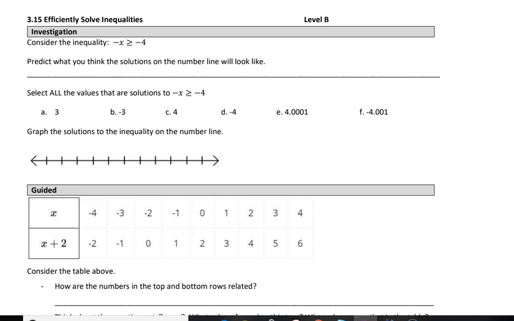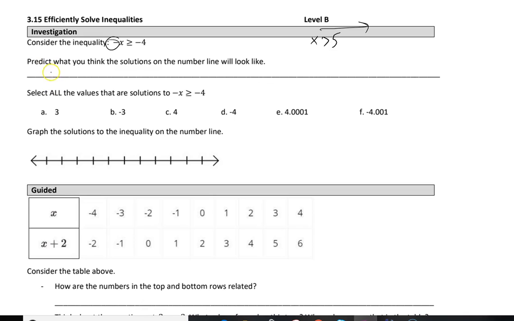So predict what we think the solutions on the number line will look like. Now, we have talked about when I have like x is greater than 5, greater than on a number line is to the right. But because this one has a negative in front, I think it's actually going to change it up. Because I'm saying I want numbers that are opposite sign from x, and I want them to be greater than or equal to -4.